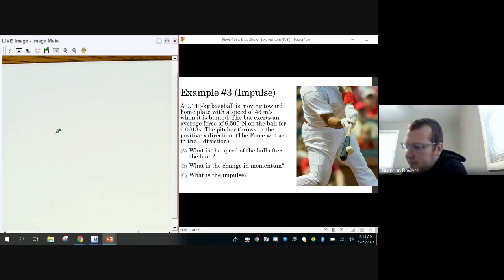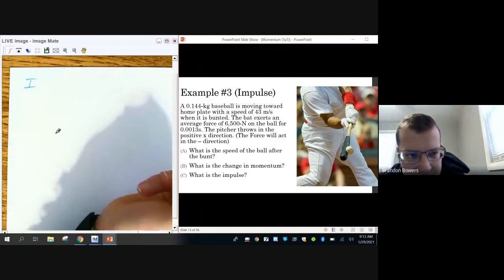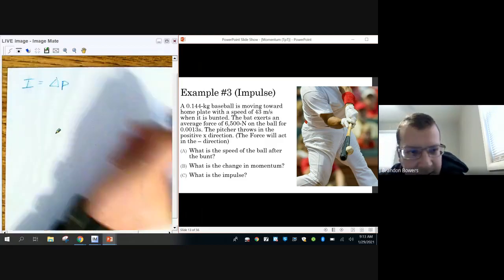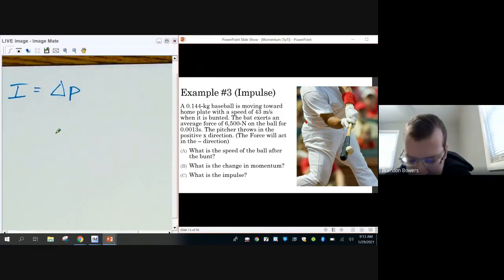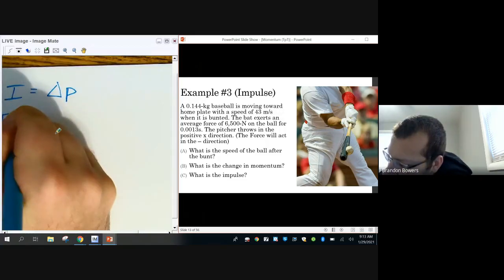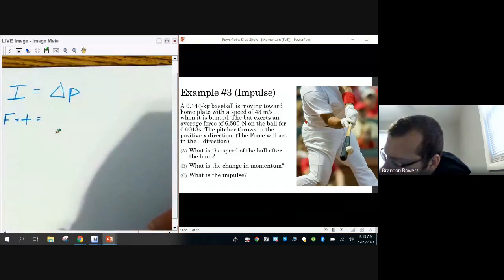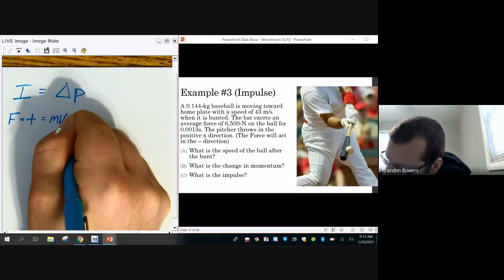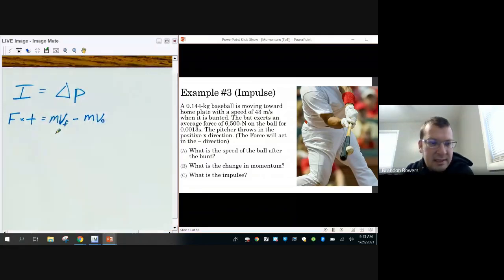So in this example, we're always analyzing impulse. Impulse is equal to the change in momentum, change in p. Let's zoom in a little bit. Impulse can be force times time, and that is equal to the change in momentum, which is the mass times final velocity minus mass times initial velocity.